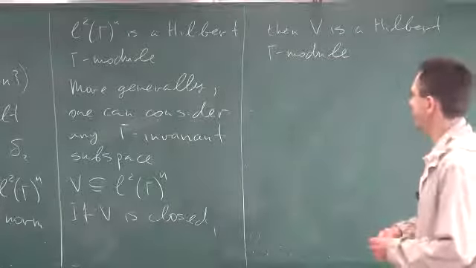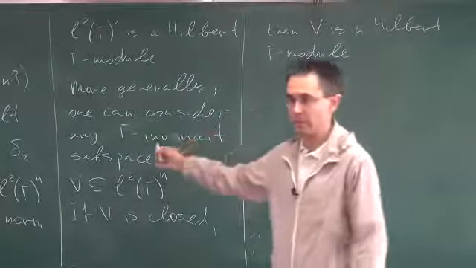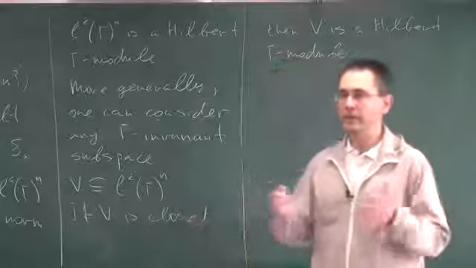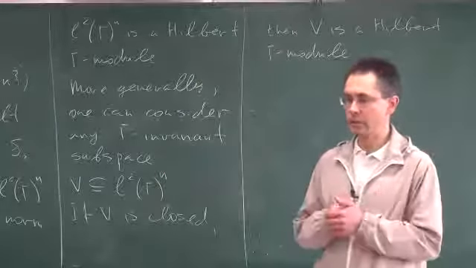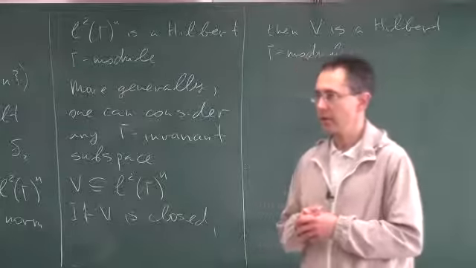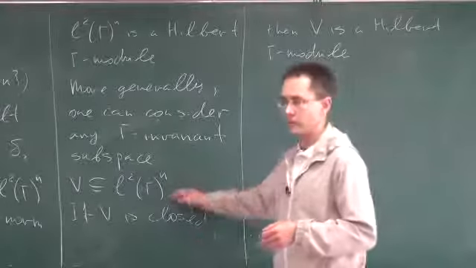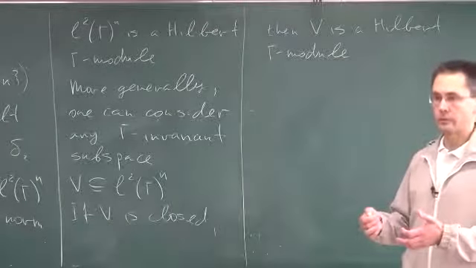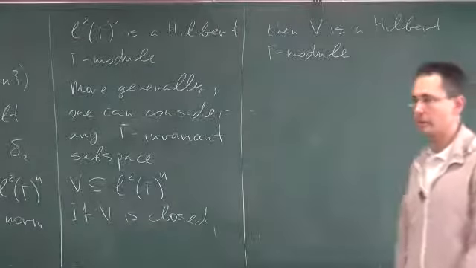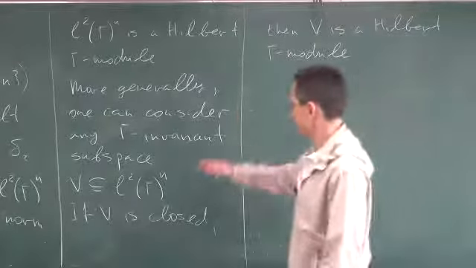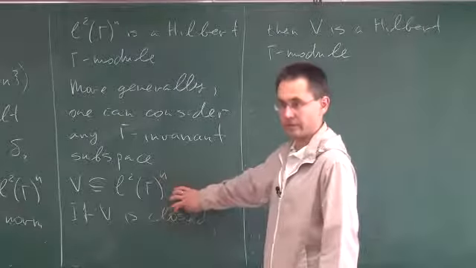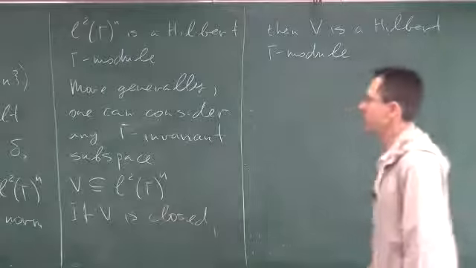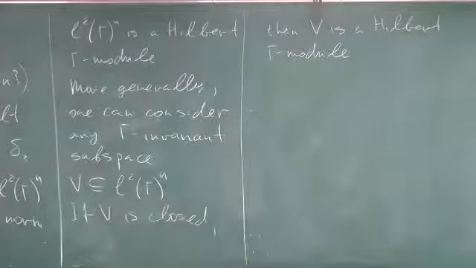I wanted to give a basic example first, and then yes, there is a more general notion of dimension due to Lück, which applies not only in this situation but generally for modules over the von Neumann algebra of the group. So there is a formal definition, but for all intents and purposes for our course, this is enough. So we can consider just closed subspaces in this finite sum of L2 of gamma.